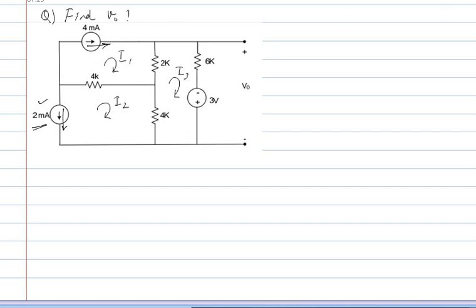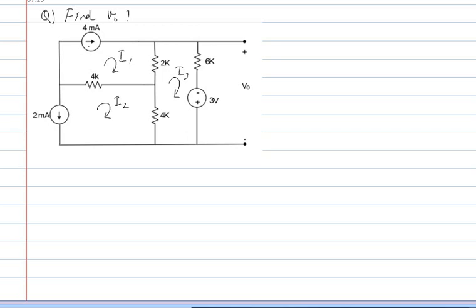So in that case the solution becomes very easy, because in this particular loop we are looking for current I1, and there is a current source which is only in mesh 1. Because that current source is only in mesh 1, we can very clearly say that I1 is the same as 4 milliamps. Why?